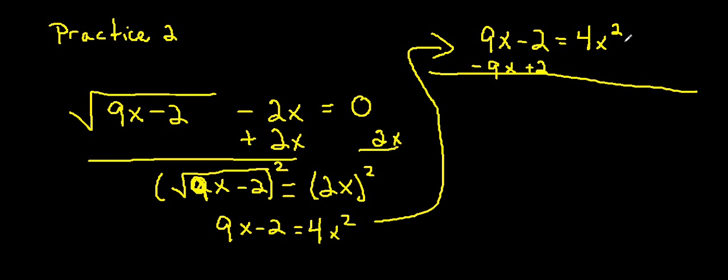So when I do this, it looks like 0 equals 4x squared minus 9x plus 2.